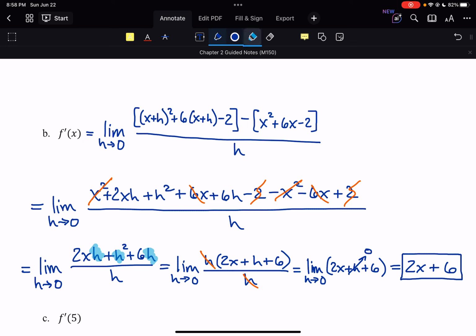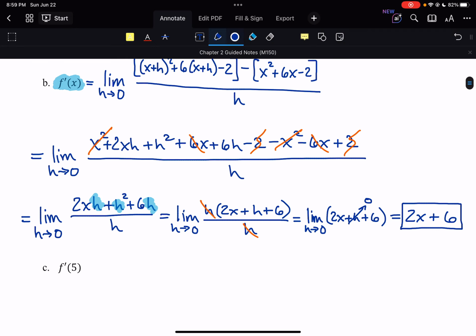Okay, and that is our formula for f prime of x, for that derivative function. So if we wanted to find, again, the slope of the tangent, the instantaneous rate of change, if we want to find the derivative of this function at any x value that we want, now all we need to do is just plug that x value into here, and we can get the slope. We can get the derivative.